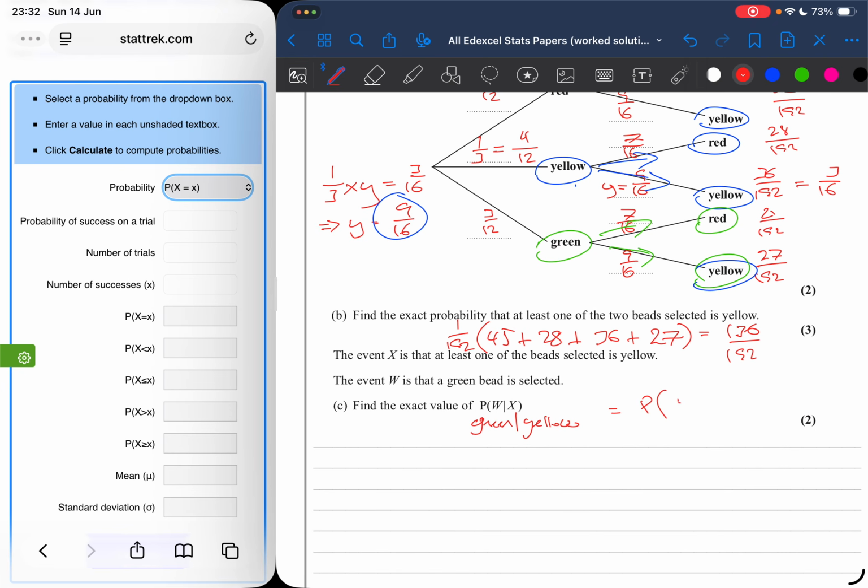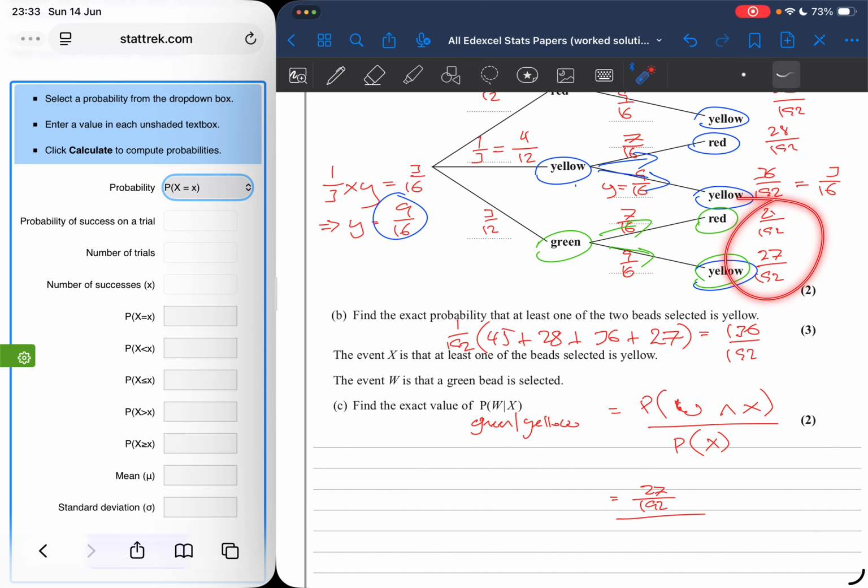It's the intersection of the two, W and X, so yellow and green, over the one that must be true, the X. Yellow and green, there's only one possibility in it. I need to go to green and I need to go to yellow. So I've got 27 on 192. Divide that by what we have for X.